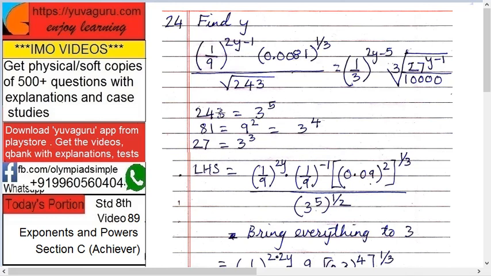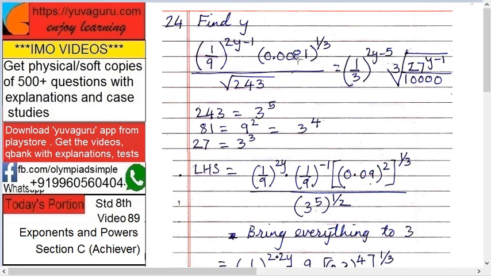So let's solve the left hand side first. 1 upon 9, the whole raised to 2y minus 1. So this will immediately bifurcate into (1/9)^(2y) into (1/9)^(-1), and in brackets 0.0081. But what is 0.0081?